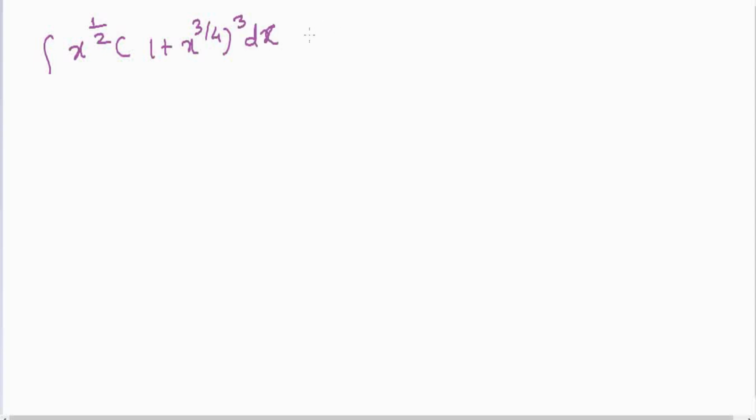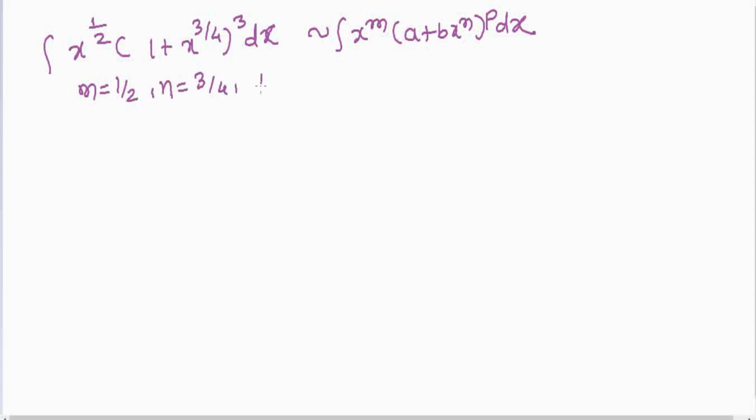Now compare this with x raised to m into (a plus b x raised to n) whole raised to p into dx. Then you can see that we have m equal to 1 by 2, n equal to 3 by 4, and p equal to 3. The very first case is applicable, p is an integer.